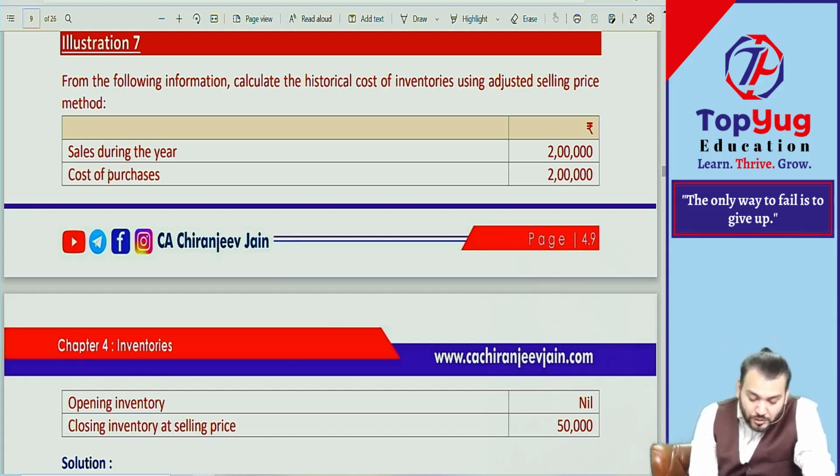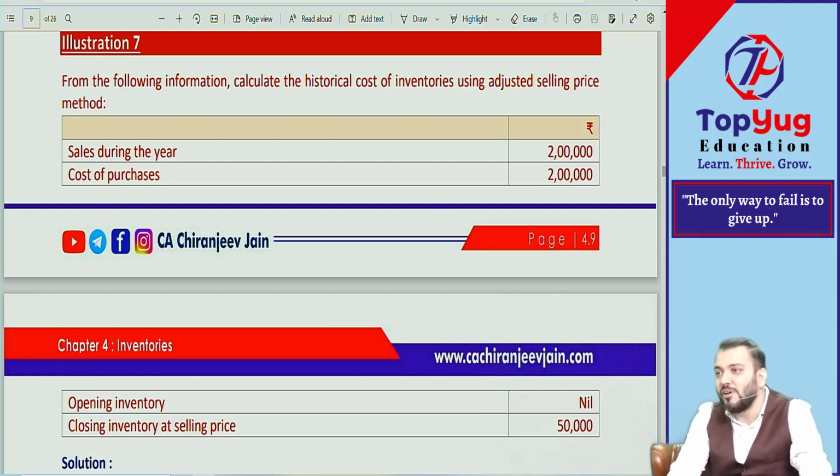Correct? Yes sir. So sales during the year is 2 lakh, and they have given cost of purchase. Cost of purchase means what? Cost of purchase means purchase price plus direct expense, as we have already done.